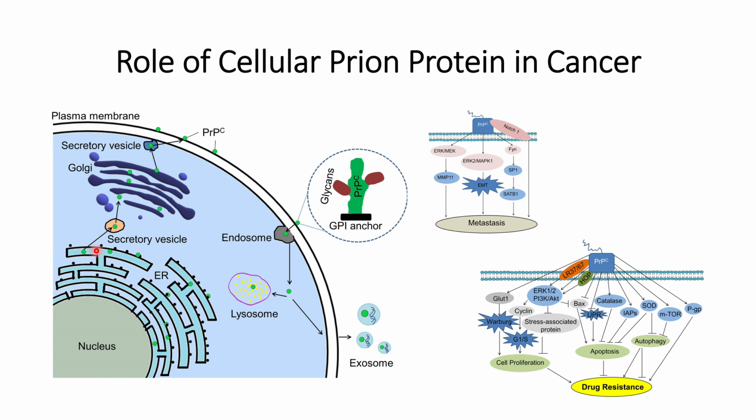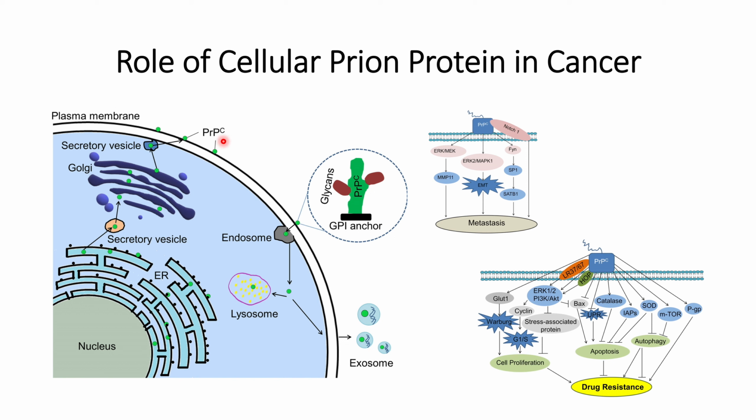It then moves to the Golgi for further post-translational modification, and the mature cellular prion protein goes to its final destination at the plasma membrane, as shown here.